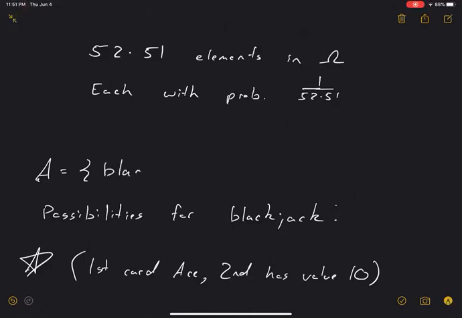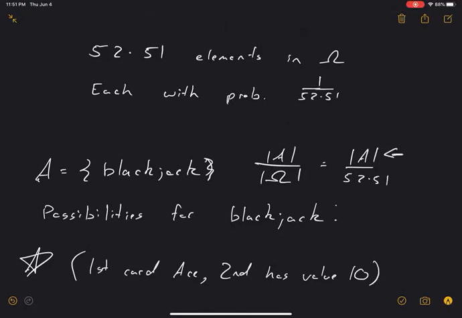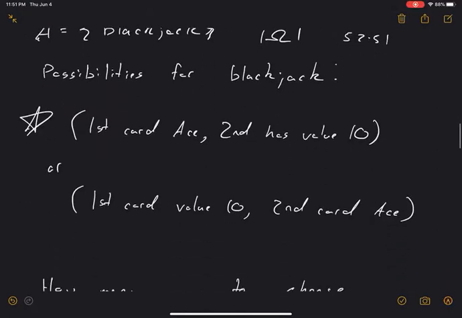To find the probability of A, I need the cardinality of A over the cardinality of omega. We already said that the cardinality of omega was 52 times 51. So now I just need to find the cardinality of A.